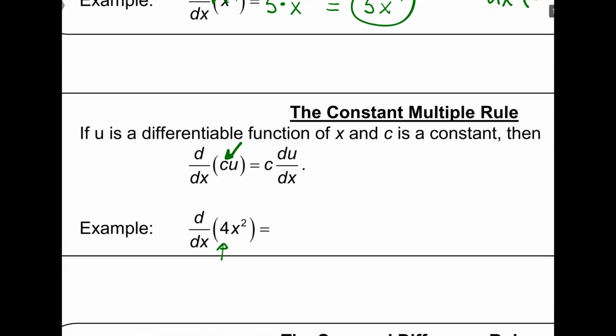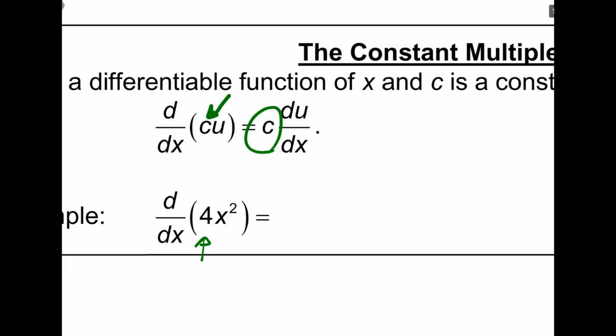What you do is you just bring the constant out front. It's just like when we were taking a limit, and if you're taking 5 times x, and you're taking the limit, you can just do 5 times the limit of x. We always bring the constant out front. So you can bring the constant out front and then take the derivative of the rest of the function. So here I have a 4 in front.